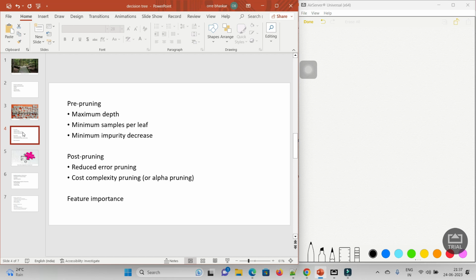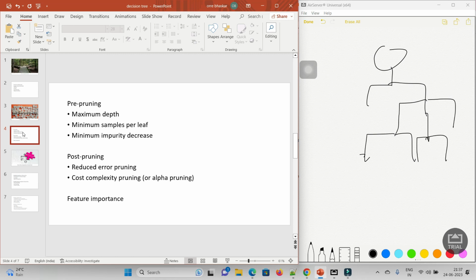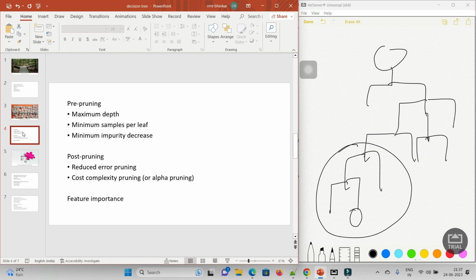So what does it mean? We have a root node and we have a subtree. This is the subtree, and this is a leaf node. I will replace this subtree with, for example, 3 positive and 4 negative. Assume at this point there are 3 positive and 4 negative. So the maximum is negative, 4 negative.